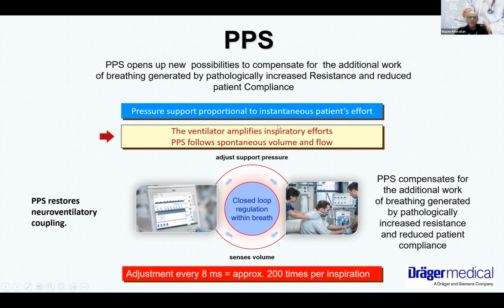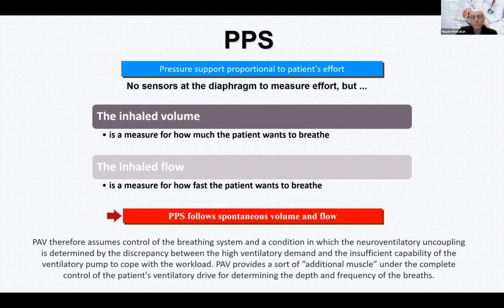And the patient is the best person to know what he needs for himself. He needs more flow, he generates more pressure, he will get more pressure support. So what the ventilator does is simply amplify the inspiratory efforts of the patient. And the proportional pressure support follows spontaneous volume and flow. It is closed loop. You see variation in the pressure support from breath to breath.